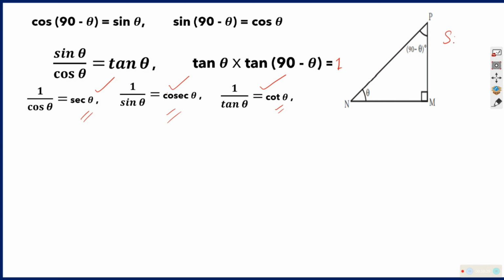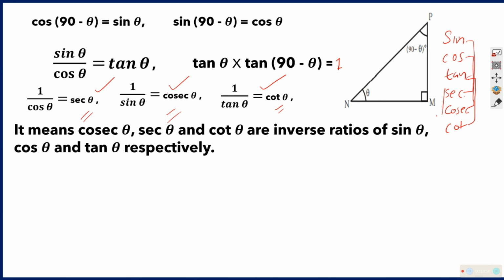Earlier we had only sine, cos, tan. Now we got sec, which is connected with cos theta, then cosec, which is connected with sin theta, and cot, which is connected with tan theta. Simply speaking, cosec theta, sec theta and cot theta are inverse ratios of sin theta, cos theta and tan theta.